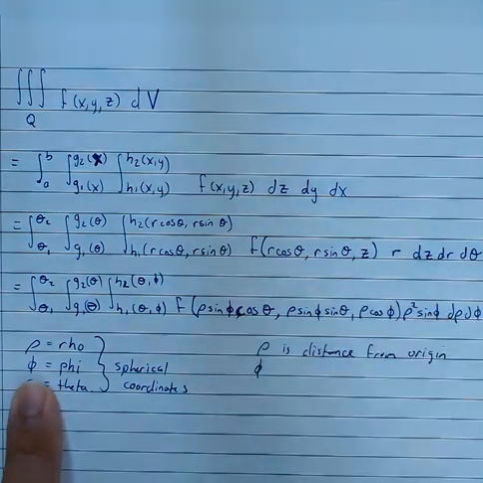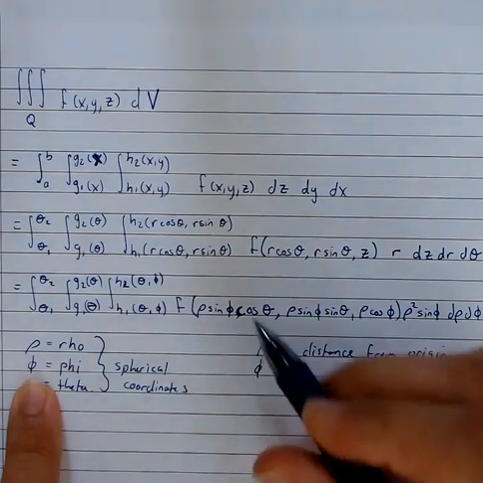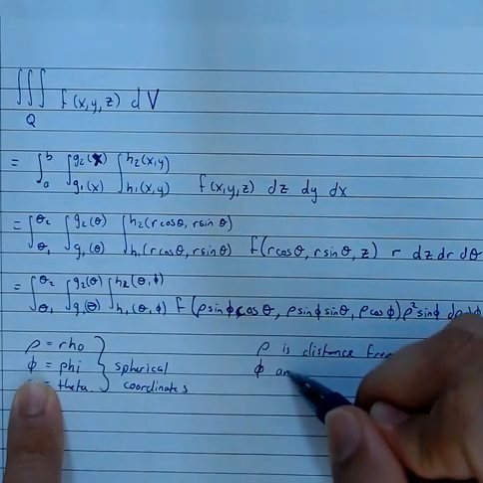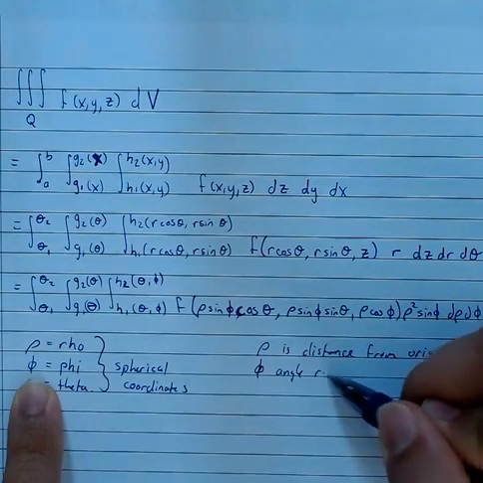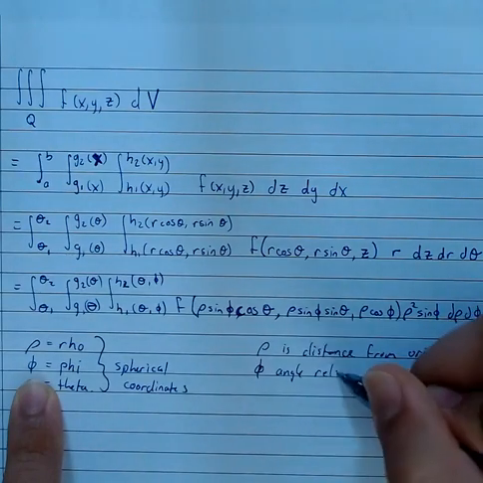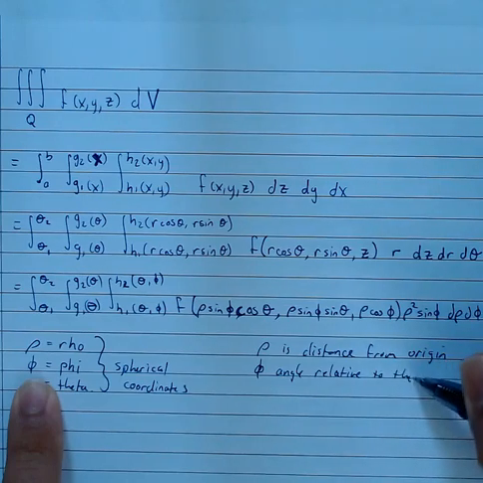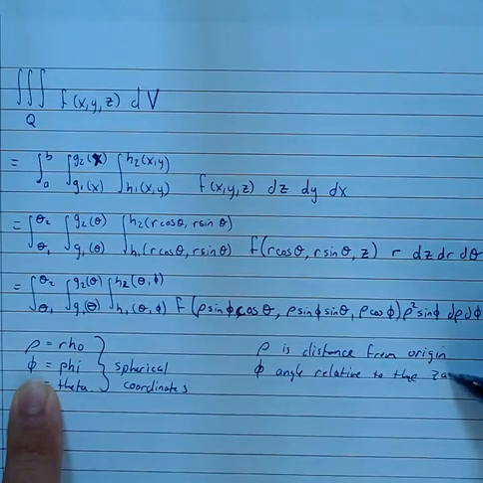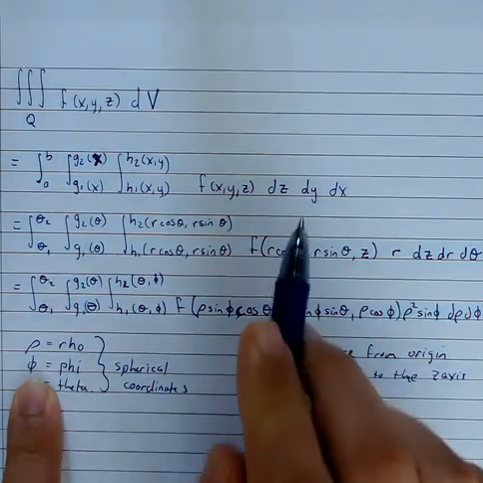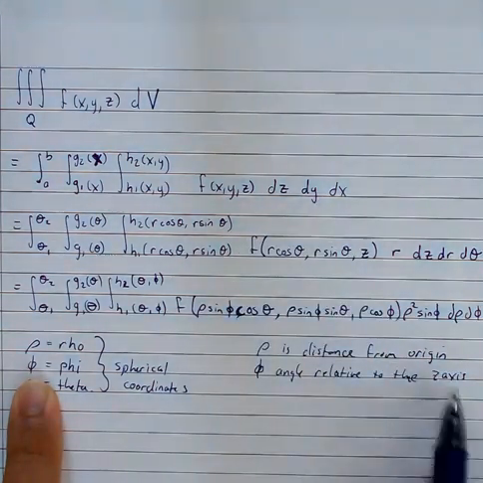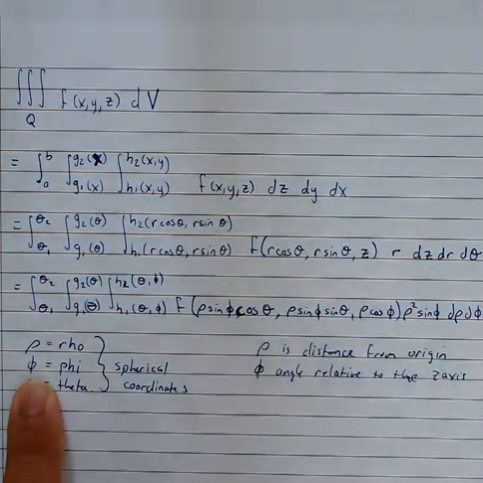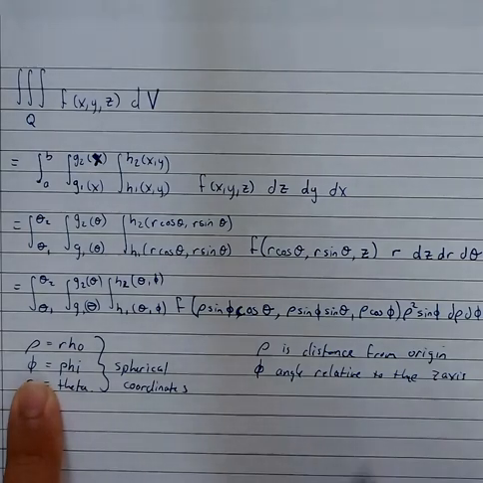Here, phi is going to be an angle relative to the z-axis, thinking in the xyz coordinate system. Phi would be an angle relative to the z-axis, where the z-axis would be the angle 0.